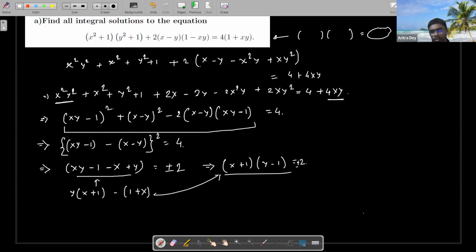So now you can make some cases: x plus 1 equal to minus 1, y minus 1 equal to 2, or x plus 1 equal to 2, minus 2, and x plus 1, y minus 1 equal to minus 1, something like this. You can find a lot of cases, and you can find the solutions.